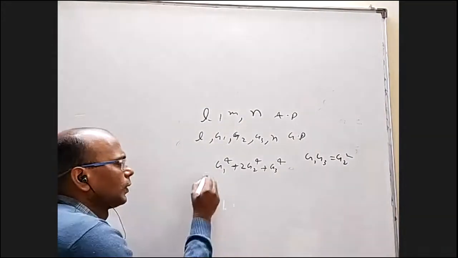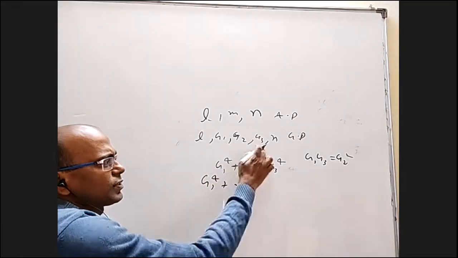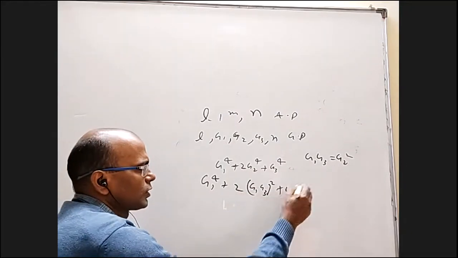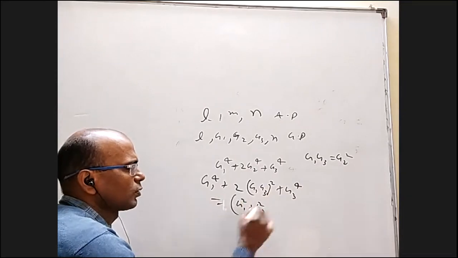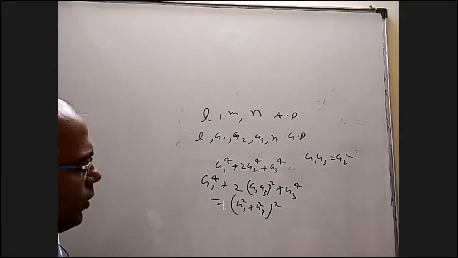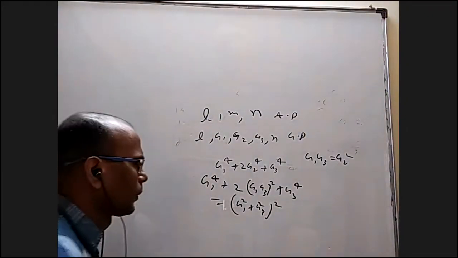That's good, thank you, I was looking for that only. G2 square is G1 G3, so G2 power 4 is (G1 G3) whole square. Now together with G3 power 4, this is a perfect square: (G1² + G3²) whole square. Am I right? Yes, sir.